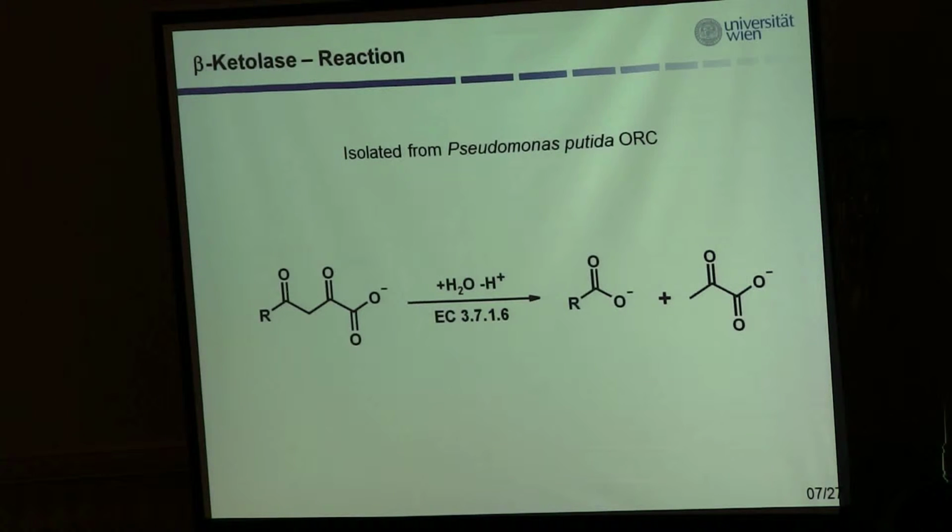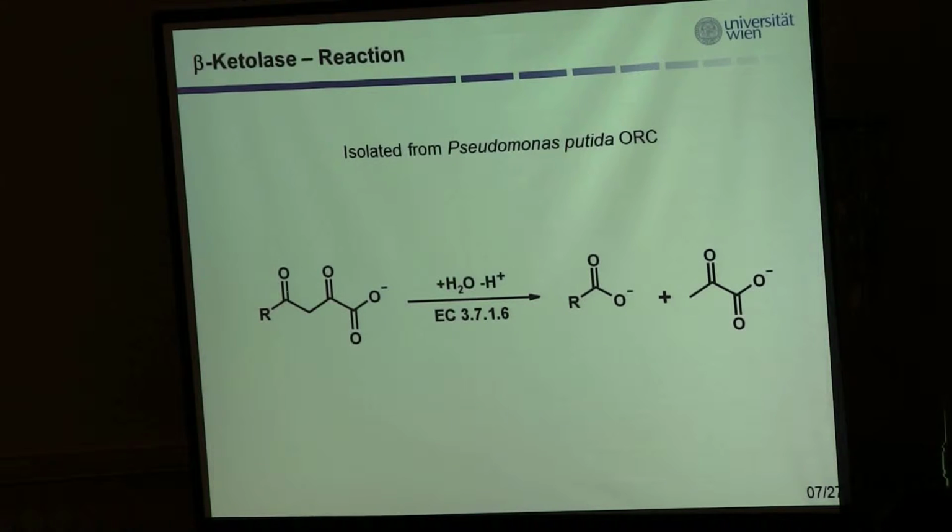One example for in situ is the hydrolysis of this acetopyruvate, here made by an enzyme from Pseudomonas putida. And we hydrolyze this C-C bond resulting in pyruvate and the corresponding acid, and this is an enzyme in aromatic degradation.